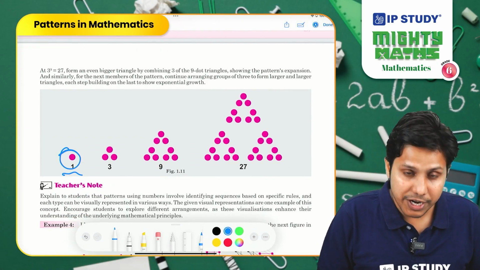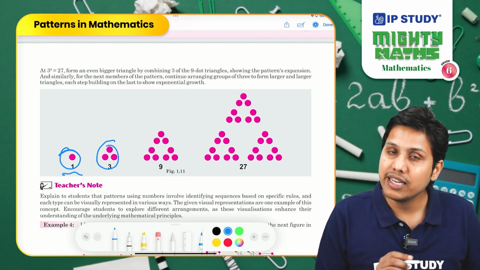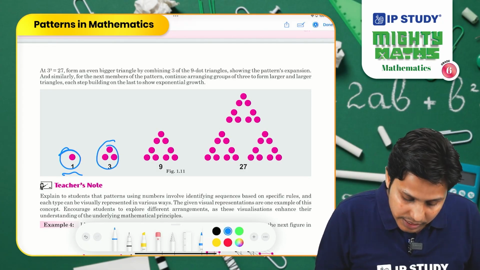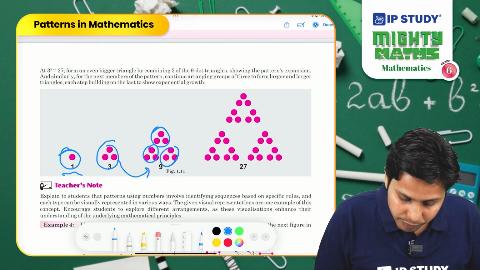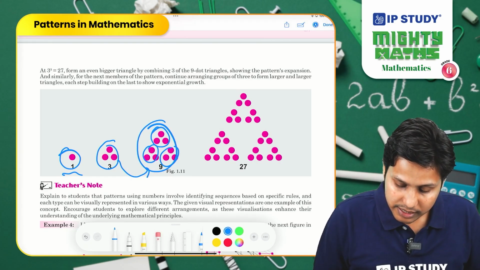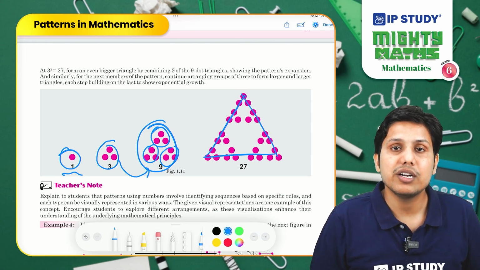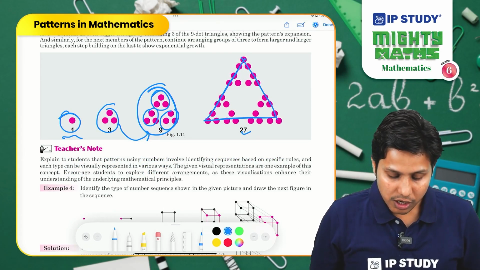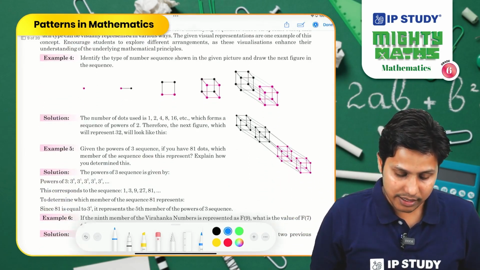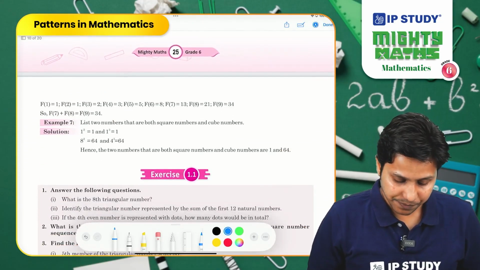Here we have 1 dot to represent the first member, then 3 dots are arranged to form a single equilateral triangle, then 3 similar smaller triangles are arranged to form a bigger equilateral triangle. Then with 27 dots, a new equilateral triangle is formed like this. Clear? So students, go through these examples and understand the number patterns in an easy way.